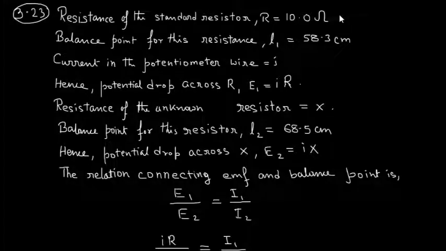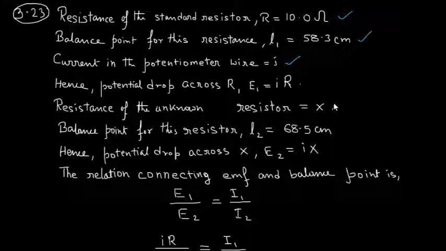Resistance of the standard resistor R is equal to 10 ohm. Balance point for this resistance, L1, is equal to 58.3 centimeter. Current in the potentiometer wire is equal to I. Hence, potential drop across R, E1, is equal to IR.